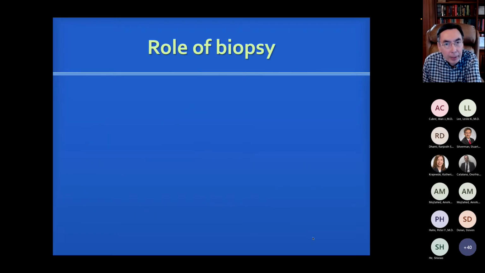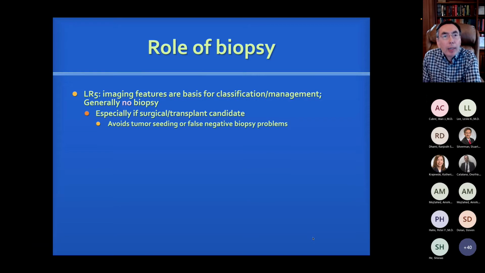Okay, so role of biopsy. For LR5 observations, we are usually not doing a biopsy, especially if they're a surgical or transplant candidate. Partly because you're going to get tissue from the surgical resection specimen or the explant that can be used for molecular analysis and so on for future management.